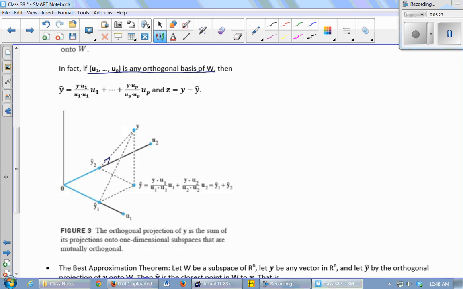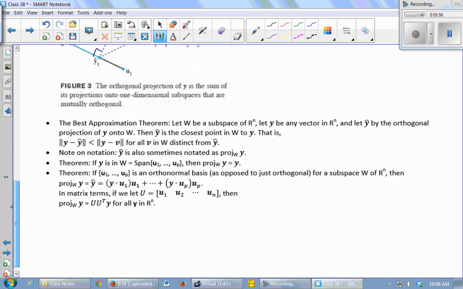That's perpendicular. That's perpendicular. These two are perpendicular to each other. There's a 90-degree angle. Okay, so definitely this picture sort of explains everything. If you spend some time really thinking about this picture, it should help pull everything together.